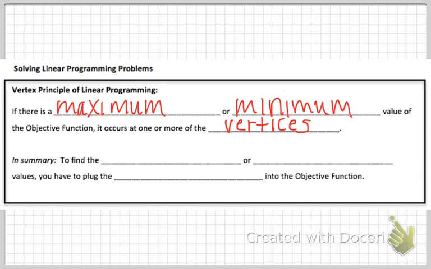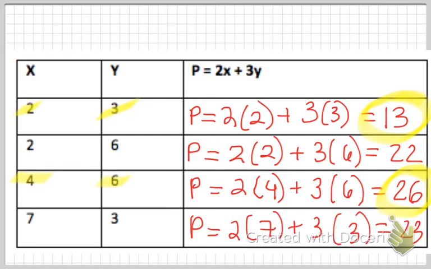So in summary, to find the maximum or minimum values, you have to plug the vertices into the objective function. And that's what we just showed back here.